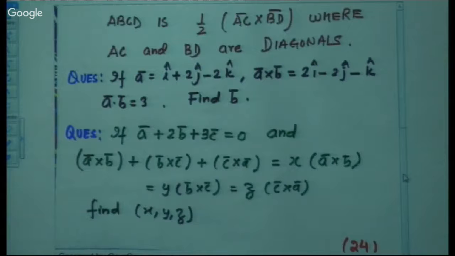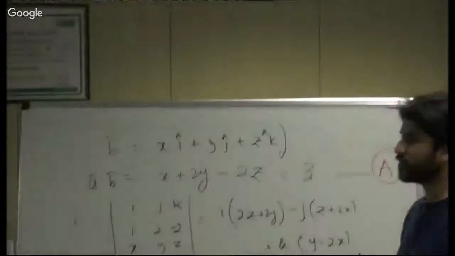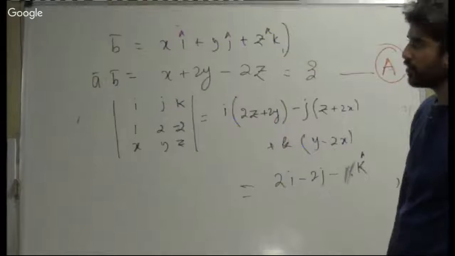So 2z plus 2y is 2, minus of z plus 2z is equal to minus 2 and y minus 2x is equal to minus 1. You have three equations. We have the fourth equation as well. Clear? No issue till here?